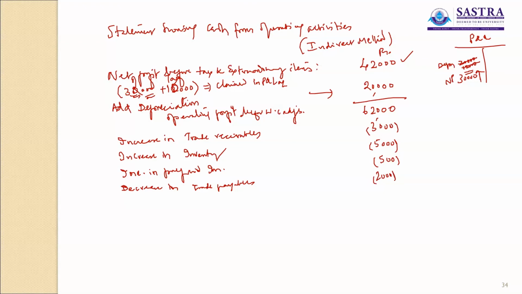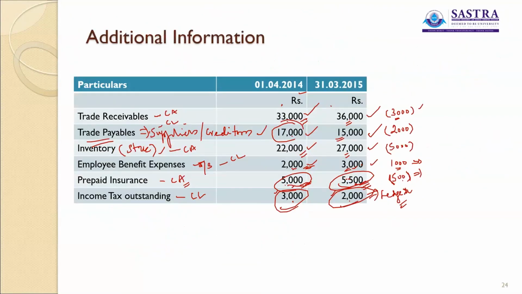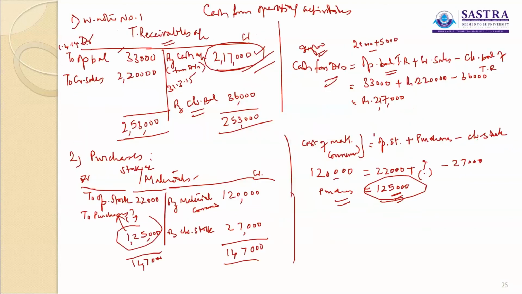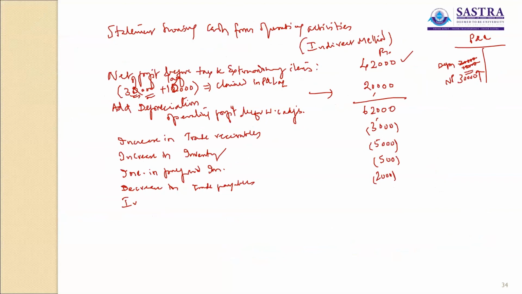Then increase in prepaid insurance, we have given effect already. Trade payables, given effect. And now increase in employee benefits. Outstanding employee benefits have increased, so it should be added. Employee benefits outstanding, 1,000 to be added.